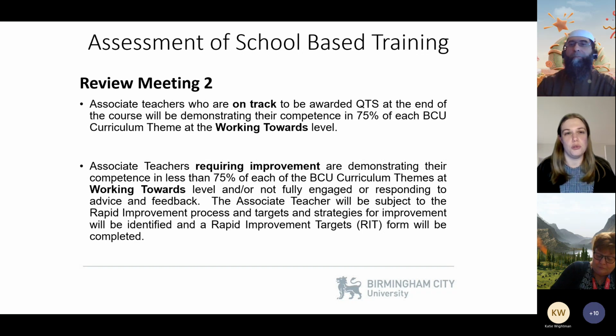So they've got about 75% of theme A, 75% of theme B, and so on. That's the minimum that we would expect. And if they're doing that, then that will mean that they are on track. And we will look at that during that review meeting to see where they are.